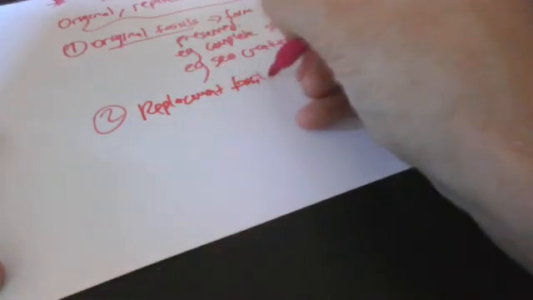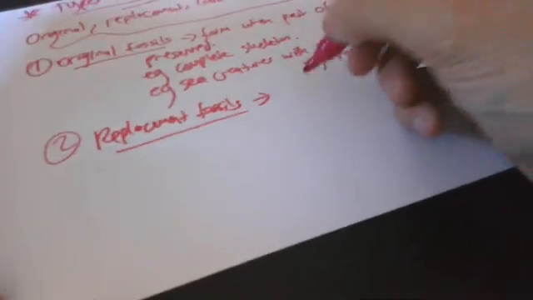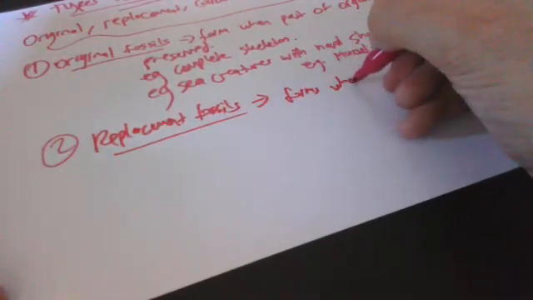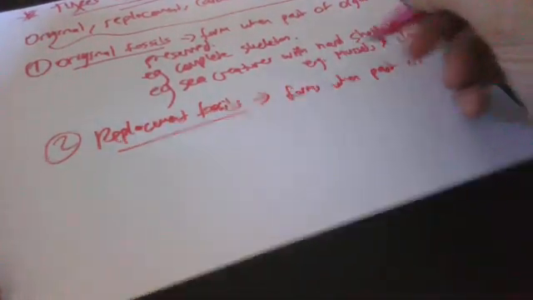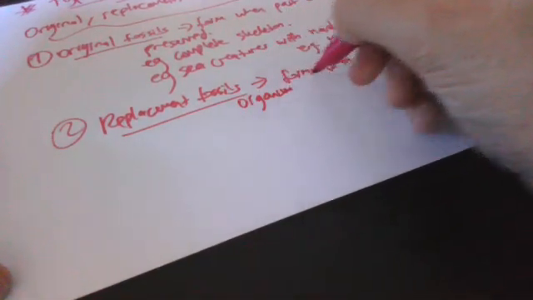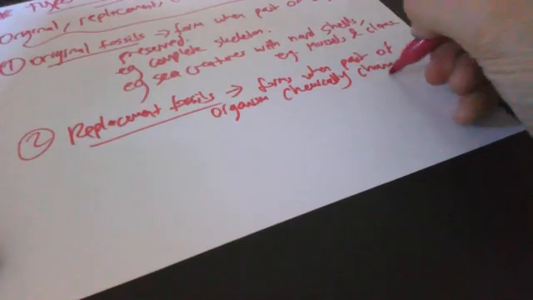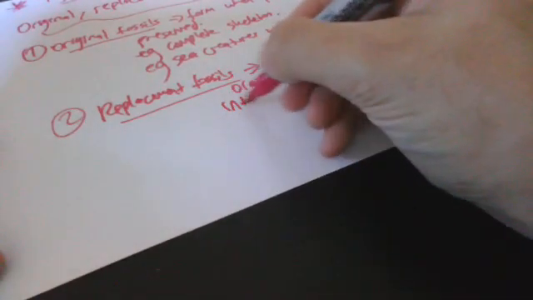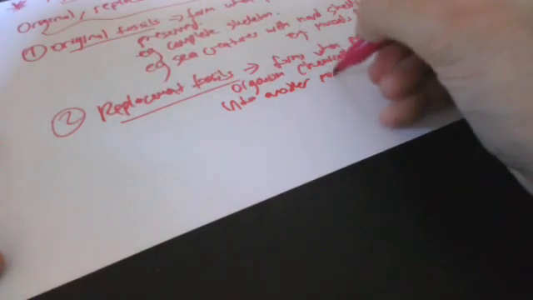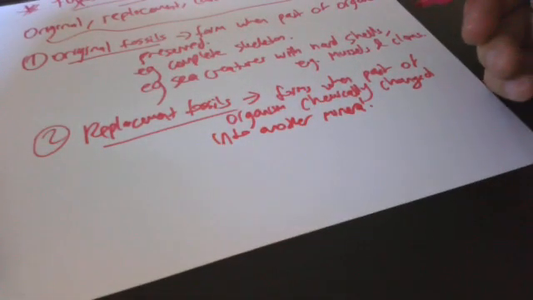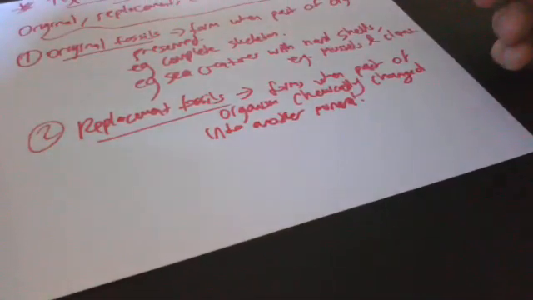What's a replacement fossil? Okay, it forms when part of the organism is chemically changed into another mineral. Okay, and it takes a long time to happen, basically.